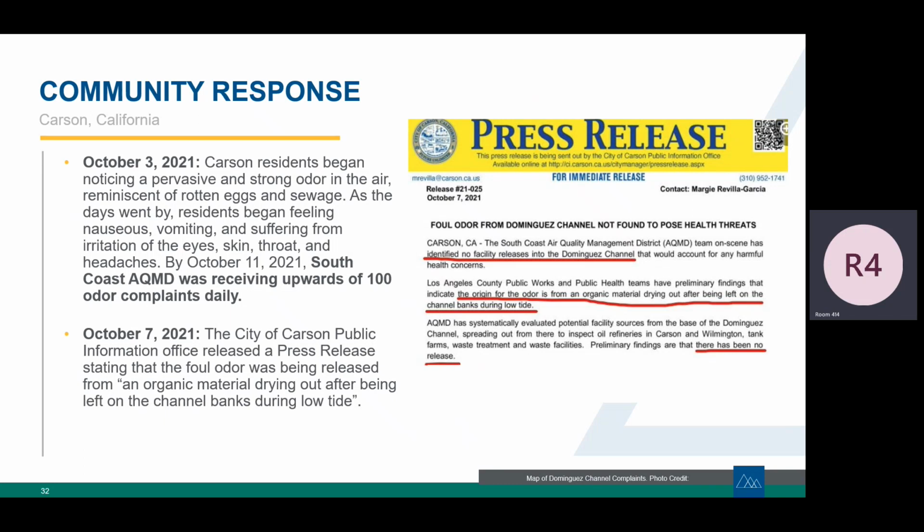So on October 7th, the day we noticed, the city of Carson actually put out a press release stating that the foul odor was being released by, quote, an organic material drying out after being left on the channel banks during low tide. So there's still a lot of mystery at this point about what is going on.